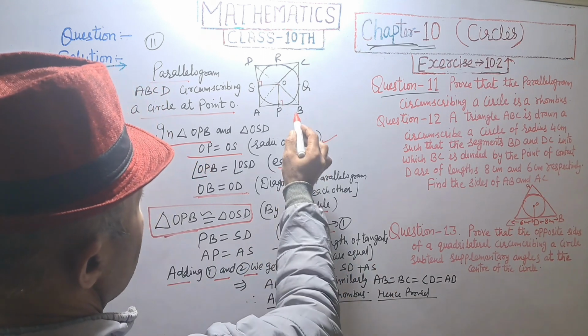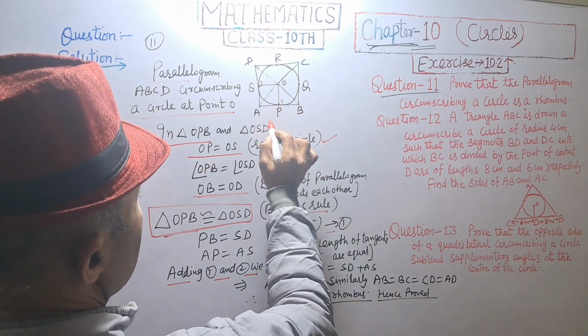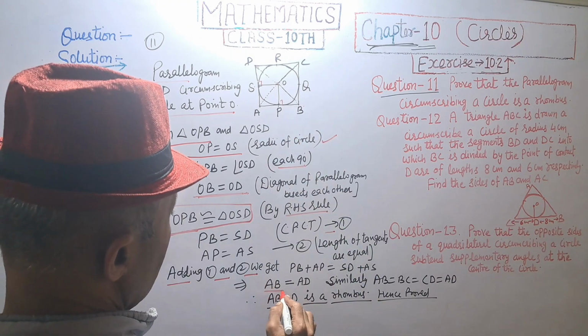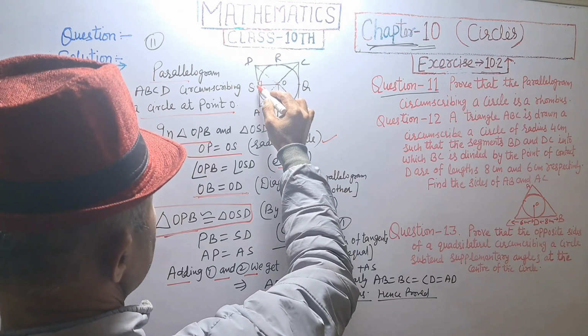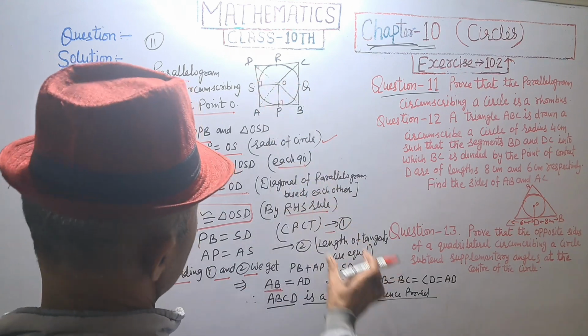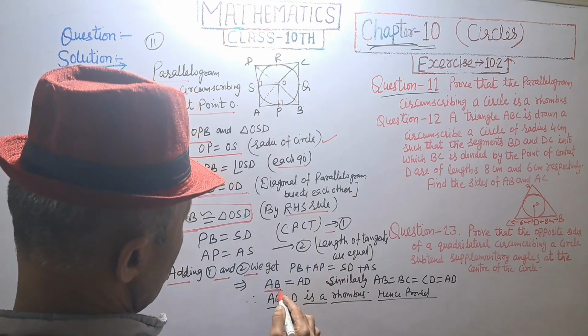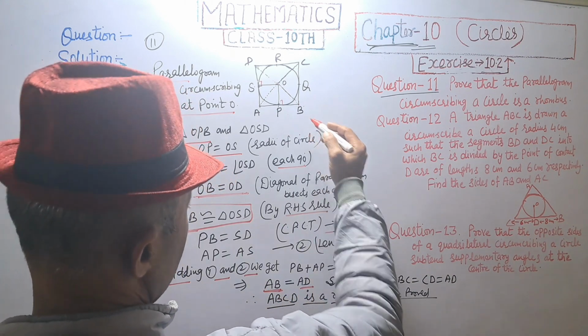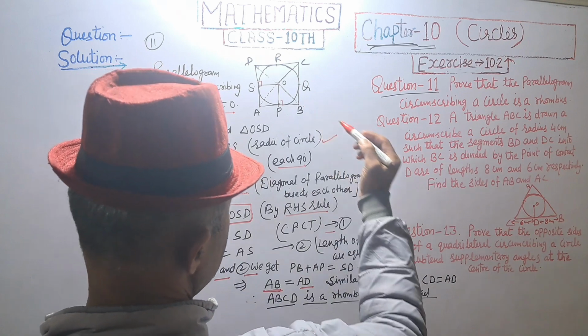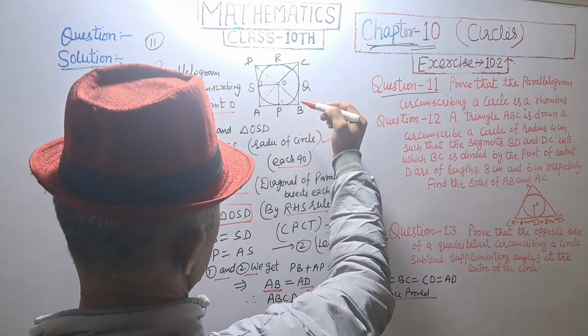AP plus PB is equal to AB, and AS plus SD is equal to AD. So we get AB is equal to AD, and similarly AB is equal to CD.